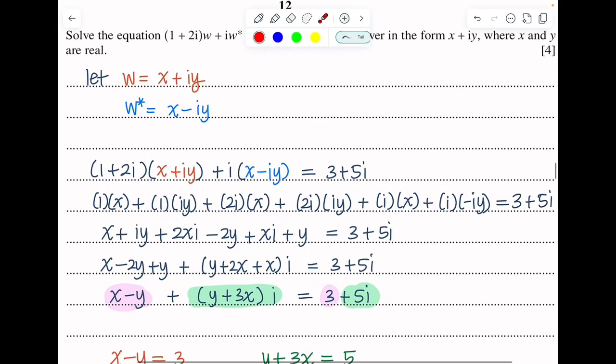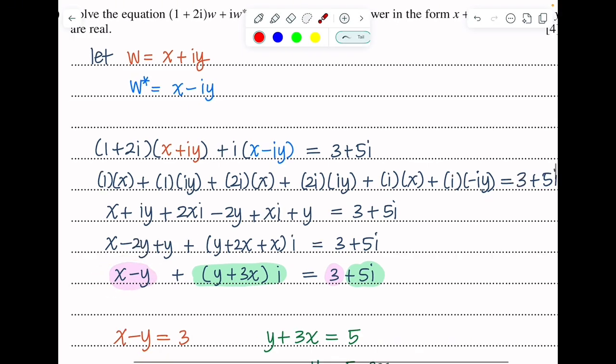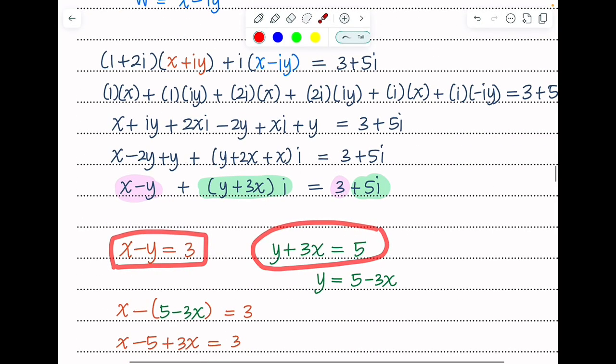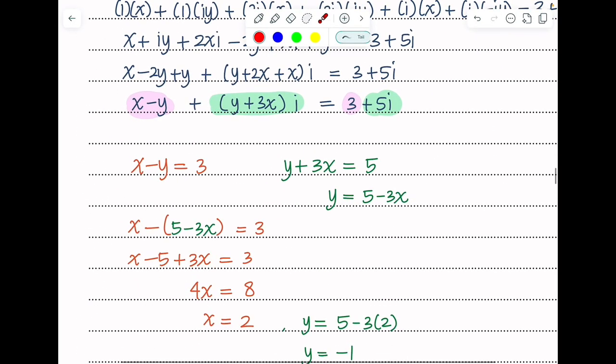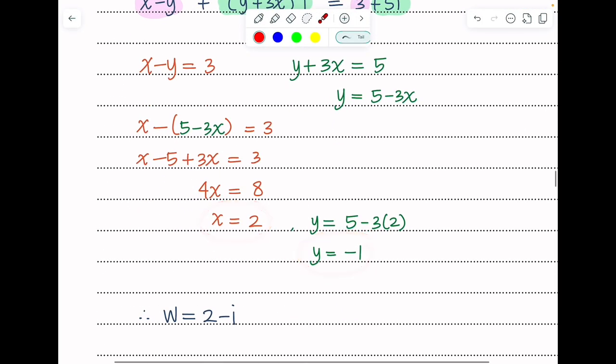Equate the real part from the left hand side and the real part from the right hand side. So we get x minus y equals 3 and y plus 3x equals 5. Solve simultaneously, and then we get x equals 2 and y equals negative 1. So w is 2 minus i.